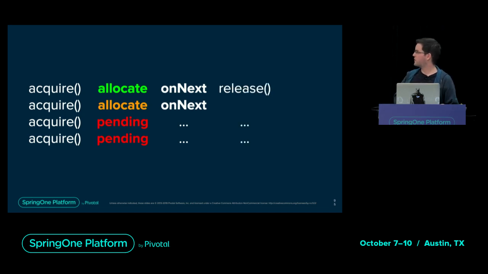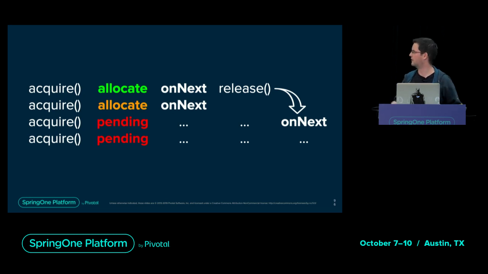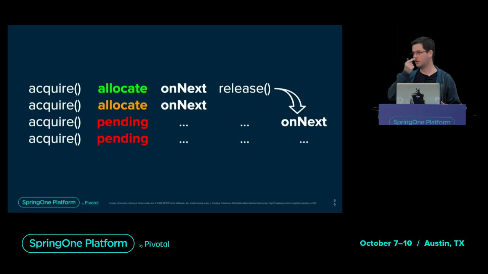Then on the first acquire, you finally use that resource and you call release. At this time, it will immediately return the object back to the pool and trigger the onNext on the first of the pending monos. So yeah, that's pretty simple. And it works really well because at each step we are dealing with monos. We are not dealing with the resources, the connection, or the byte buffer.